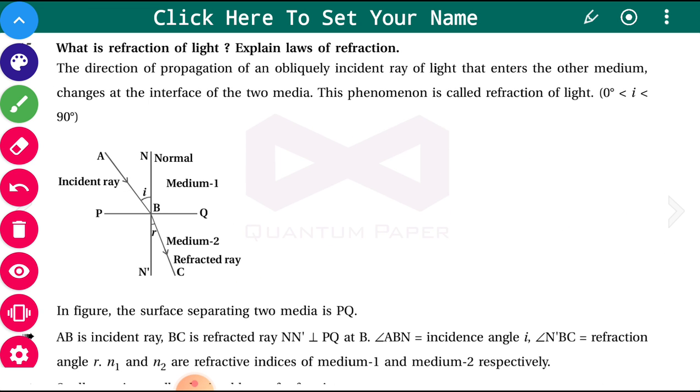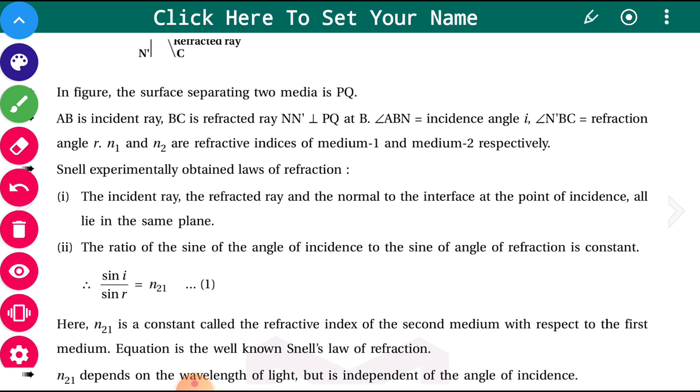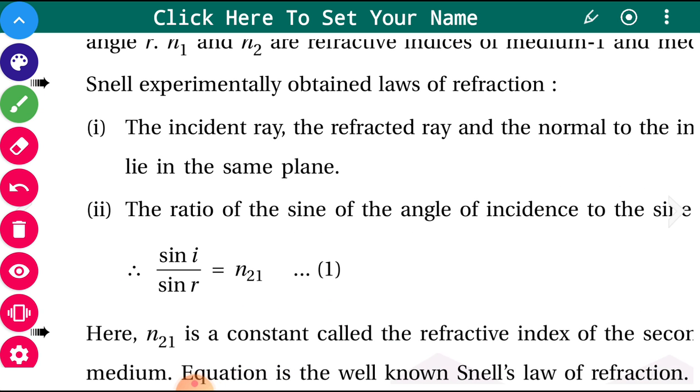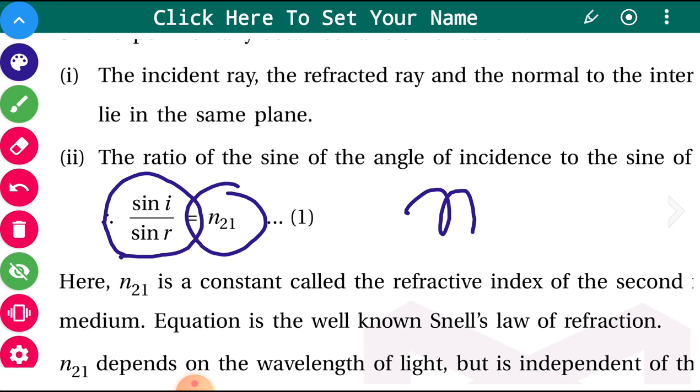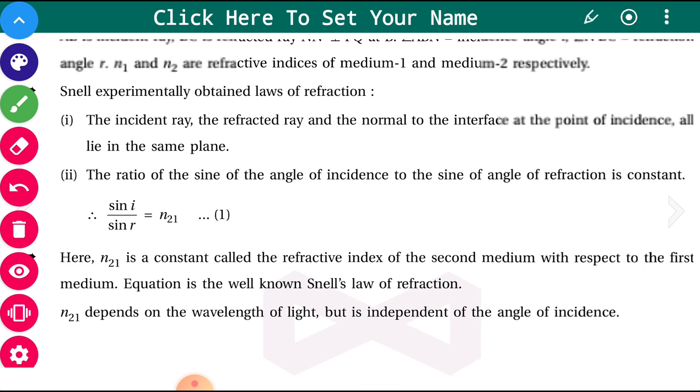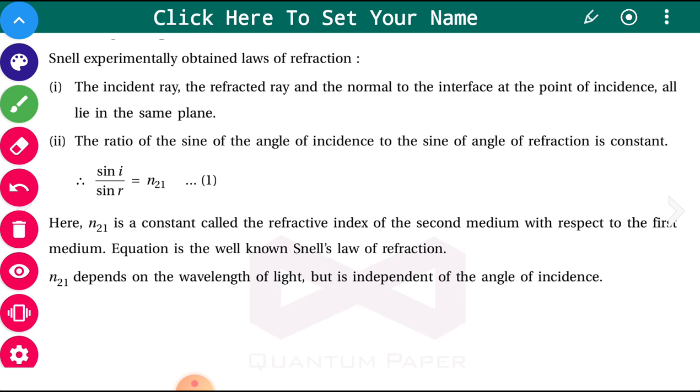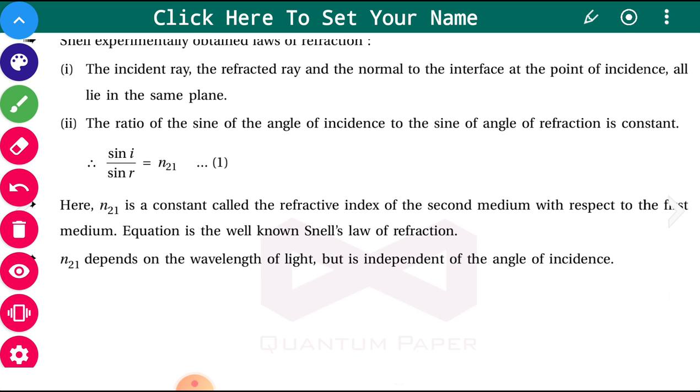With different experiments, this is found, which is nothing but the refractive index of medium 2 with respect to medium 1. So sin i upon sin r is equal to n21, that is, the refractive index of medium 2 with respect to medium 1. It is a constant. This is Snell's law, we can say.